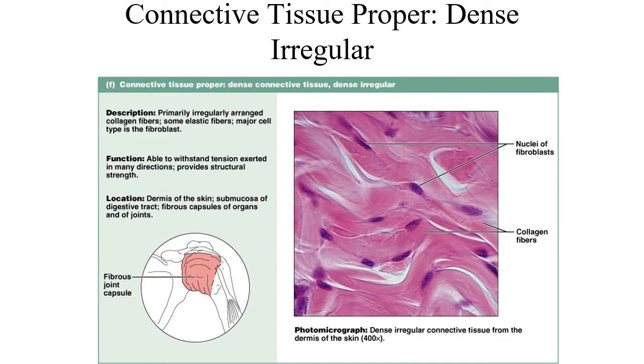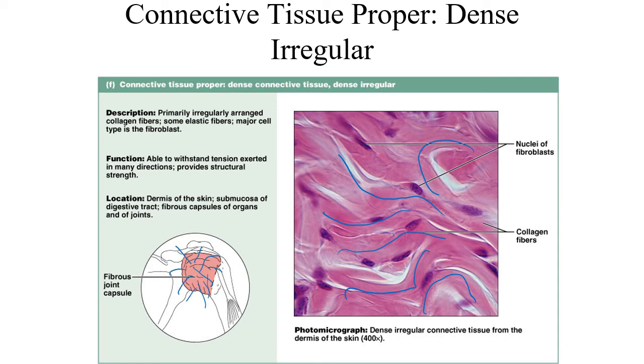Dense irregular connective tissue, the fibers themselves are going in lots of different directions. They're not all parallel to one another as we see them in the tissue. And when we look at what their function is, this is getting us back to that complementarity idea: the tissues, where we find them, need to be able to move in all directions.